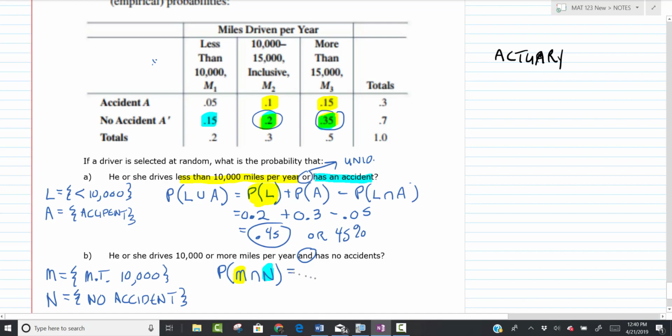So all we should have to do is just do 0.2 plus 0.35. So you would have a 0.55 or 55% chance of a person having no accident and driving 10,000 or more miles. Okay, so that's the difference between the and the or probability. You do a union if it's or, you focus totally on the intersection if it's an and probability.